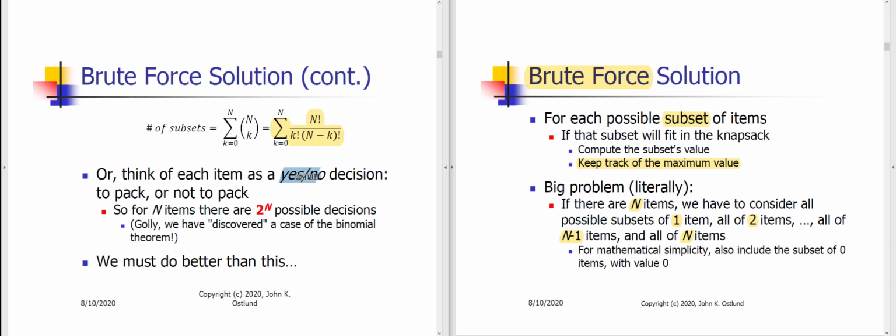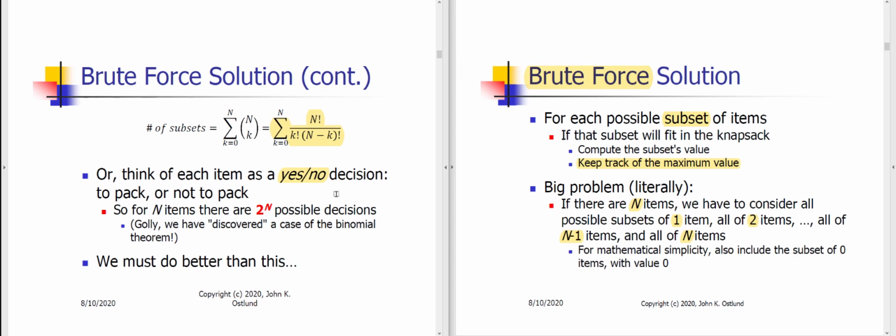Another way that we can figure out how many subsets there are is to realize that, rather than actually computing each one of these possible subsets, let's just figure out how many there are. For each item, we can either include it or not include it. That is, we have a yes or no decision for each item.